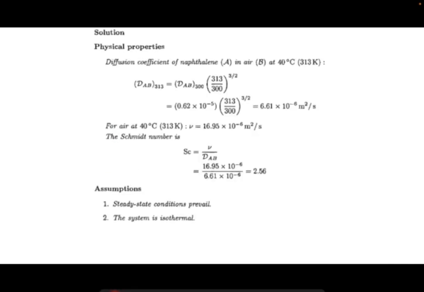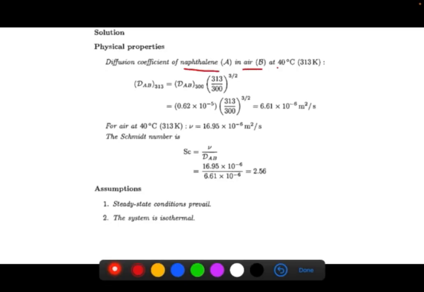Firstly, we calculate the diffusion coefficient of naphthalene, that is A, in air B at 40 degrees Celsius using the diffusion coefficient at 300 Kelvin, which is 0.62 into 10 to the power minus 5. So we get DAB at 313 Kelvin or 40 degrees Celsius as 6.61 into 10 to the power minus 6 meters square per second.